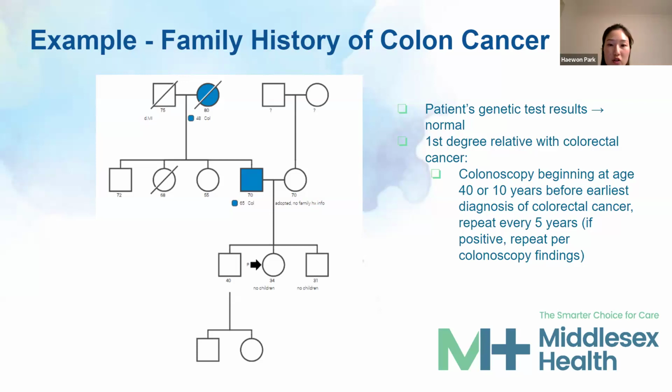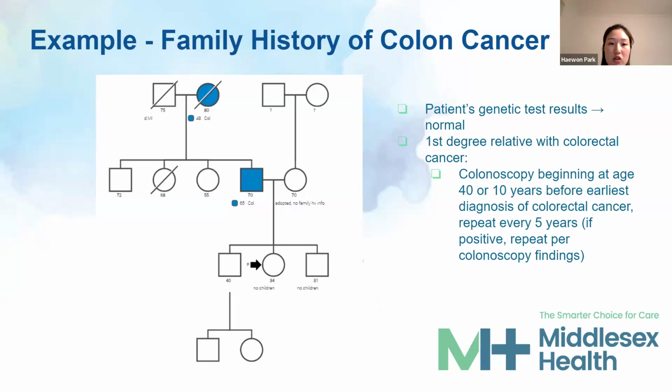So for our patient, she's 34 years old, but she should start colonoscopy at age 38 because the earliest colorectal cancer in the family was at 48, and she needs to repeat colonoscopy at minimum every 5 years. So the bottom line is that even though her genetic test results came back all normal, she still needs to start colonoscopy screening at an earlier age and have it done a little more frequently than what's recommended for the general population because of her family history of colon cancer.